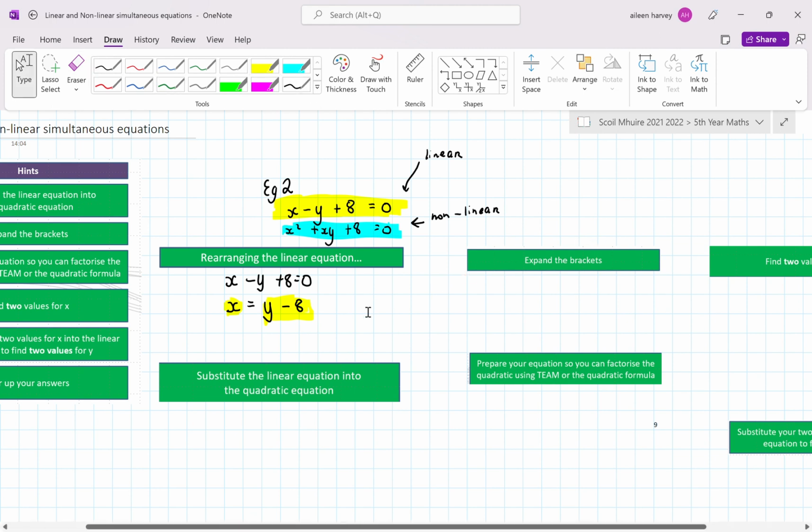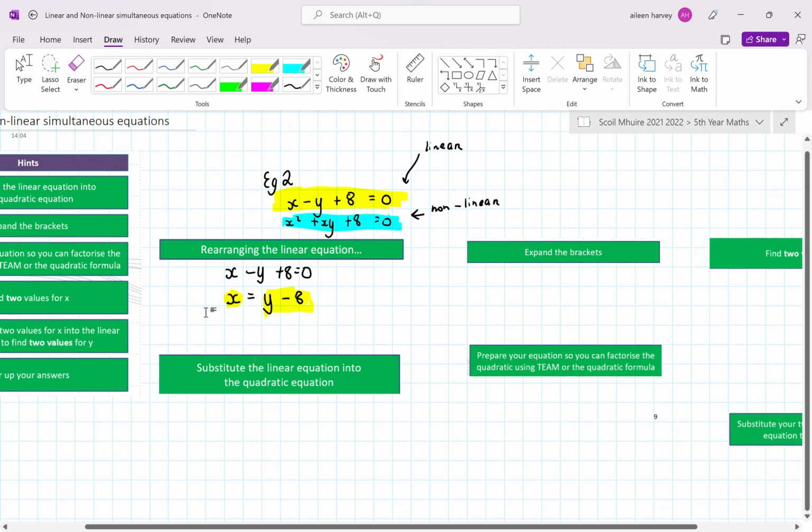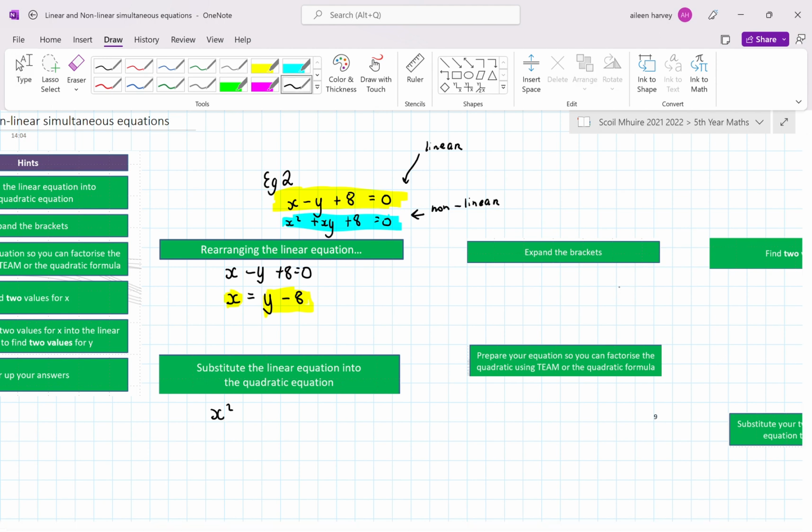And now I'm going to use that information to write my nonlinear equation in terms of y. So wherever I see x in my nonlinear equation, I can now write y minus 8 because they mean the same thing. So we're going to substitute the linear equation into your nonlinear. So here's my nonlinear.